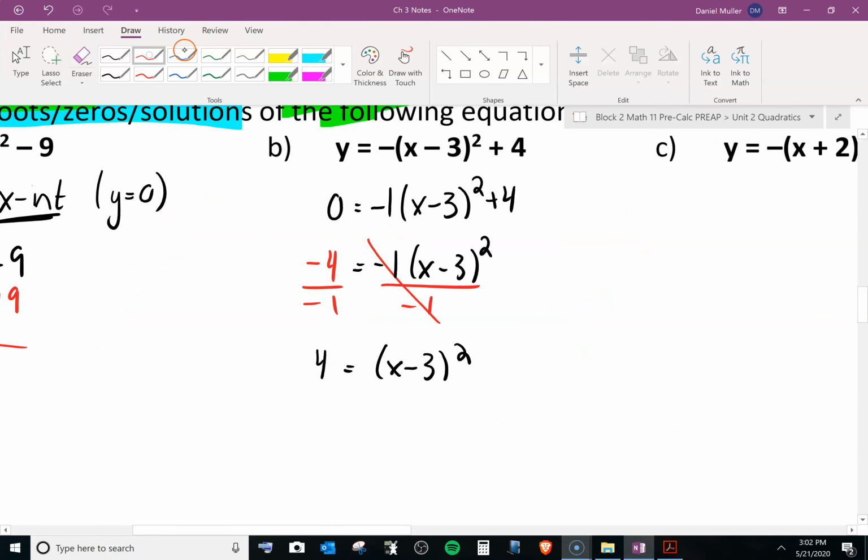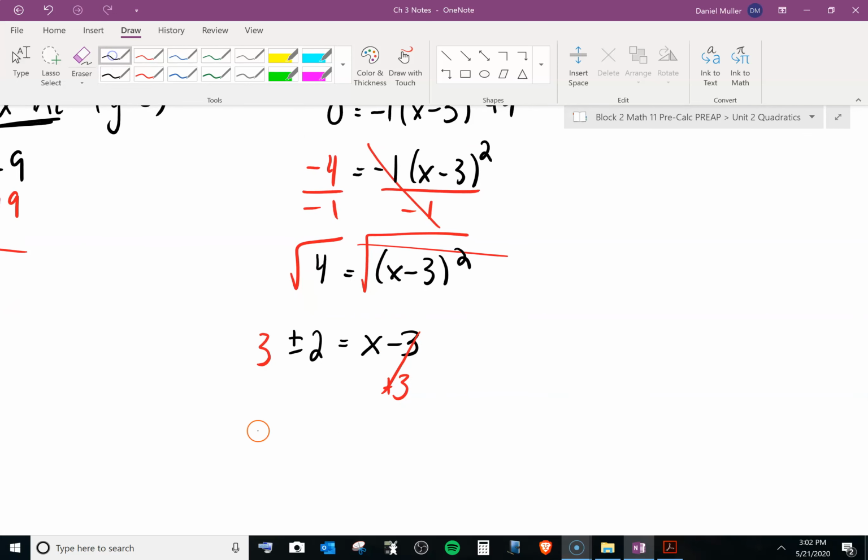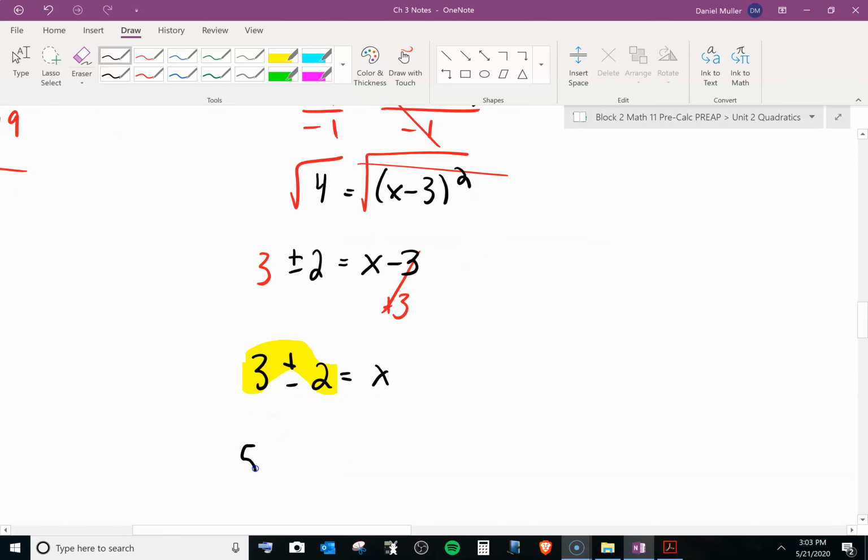So let's do that. So I've got plus or minus 2. Square root of 4 is plus or minus 2. Sorry, square root of 4 is just 2. But because we're solving, we have to do a plus or minus. And there's an x minus 3. Now we can get rid of that bracket by adding the 3. So I have 3 plus or minus 2. So I've got 3 plus 2. That's one of my options. That's 5.